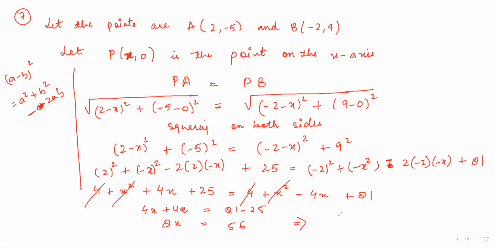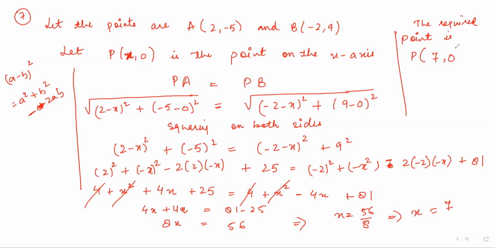So this implies that x is 56 divided by 8, and this means x is equal to how much? 8 into 7, yes, 7. X is equal to 7. So the required point is P, where the x coordinate is 7 and the y coordinate is 0. So that's the required point.